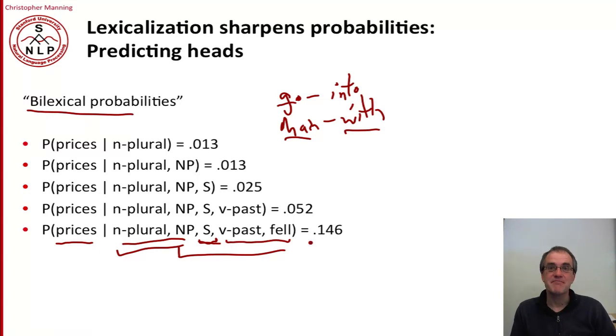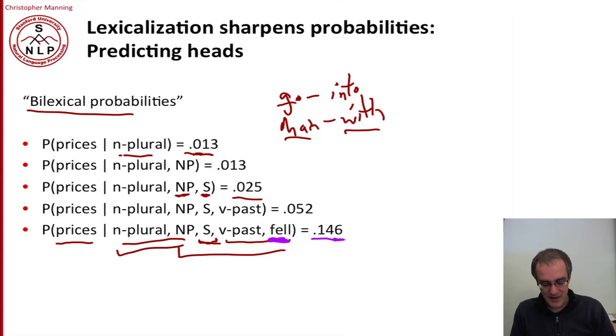What you find in the Wall Street Journal, though this isn't typical of all English, is that if you have a plural noun, a bit over 1% of the time it's prices. But if you know that it's inside a noun phrase under an S node, i.e. it's the subject of the sentence, then the chances of being prices become about 2.5%. But what really makes a big difference is if you know that the verb is fell. That's information that tells you it's the kind of verb that could easily go with prices.